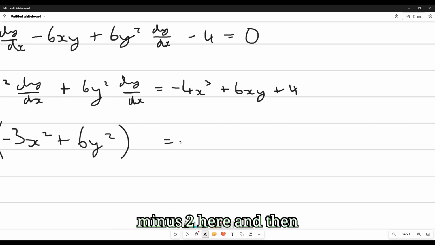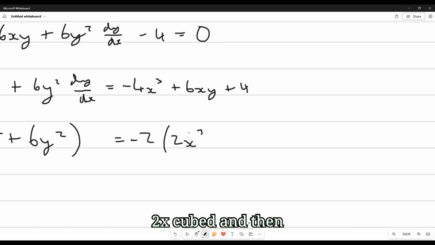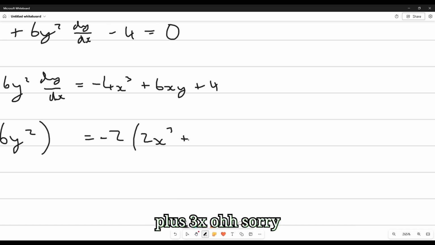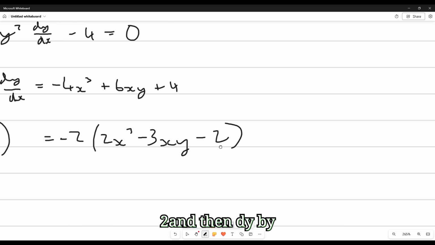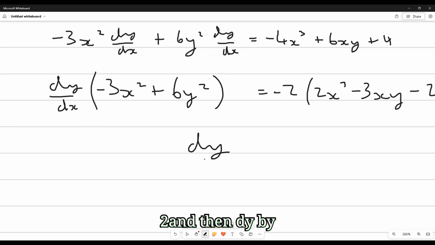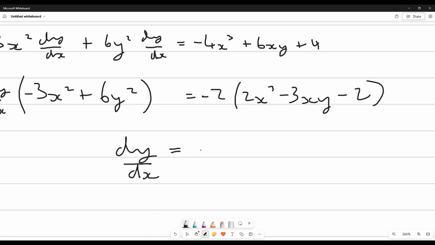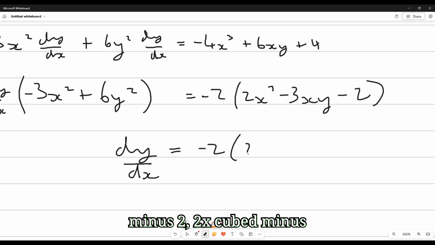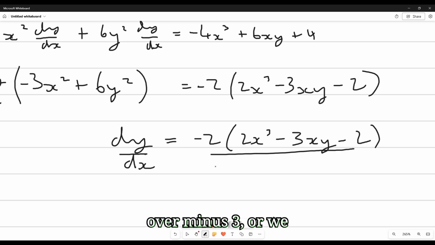So we'll take out the minus 2 here, and then 2x cubed, and then plus 3x, minus 3xy to make it a plus, and then minus 2, and then dy by dx equals minus 2x cubed minus 3xy minus 2 over minus 3.